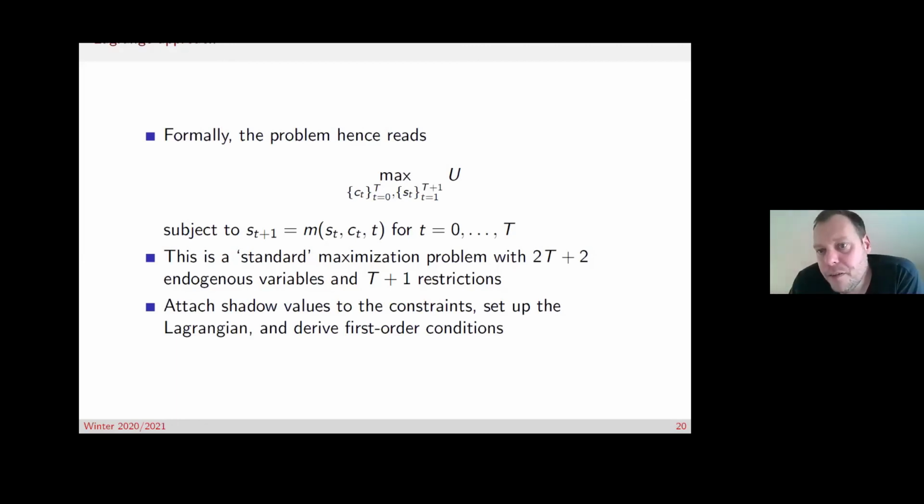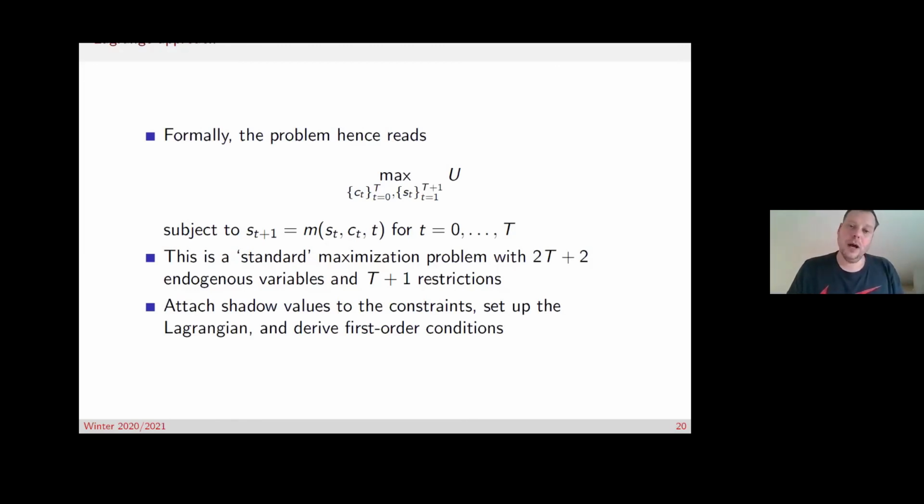This is basically the same here. The only difference is that you have a lot of variables that you could choose from, and a lot of restrictions that you have to obey. So this is basically a standard maximization problem, but which is very large.